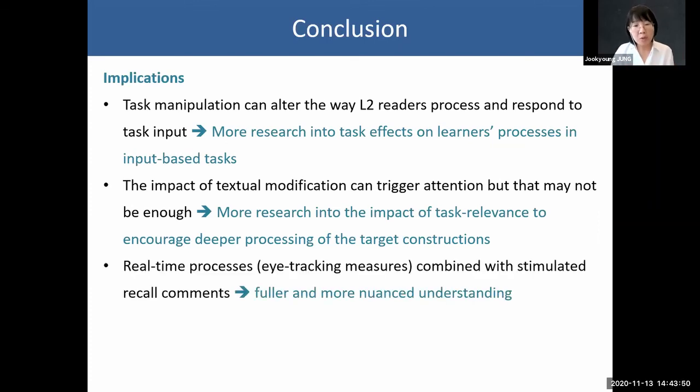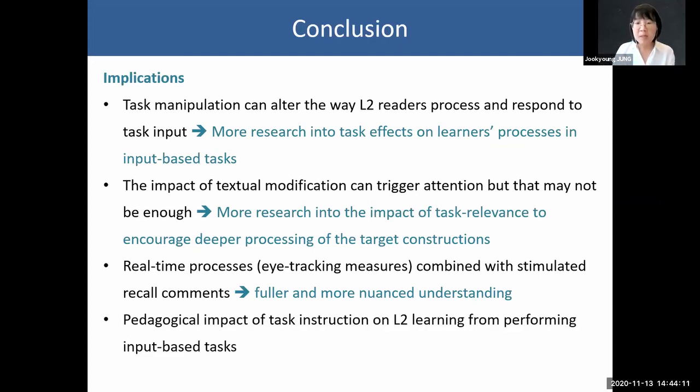It was shown that real-time process measures, such as eye tracking, combined with stimulated recall comments, provide us with a fuller and more nuanced understanding of the reading processes, attentional processes, as well as the results of those processes on learning.